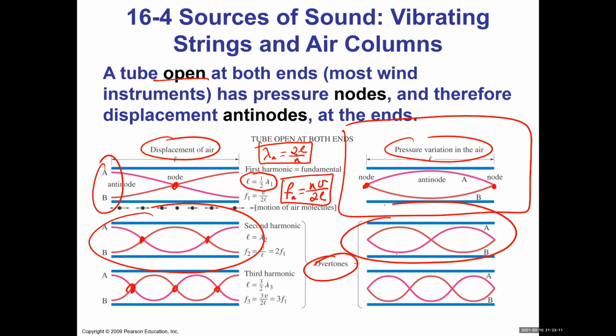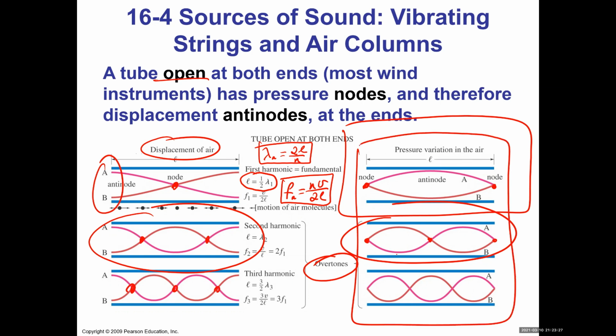This is, let's say, the pressure variation in air for the open tube. So you have a node, and a node, and just two antinodes. In a way, you can see that if you're talking about the pressure variation, this is very similar to the string, the shapes that you see, the standing waves on a string.